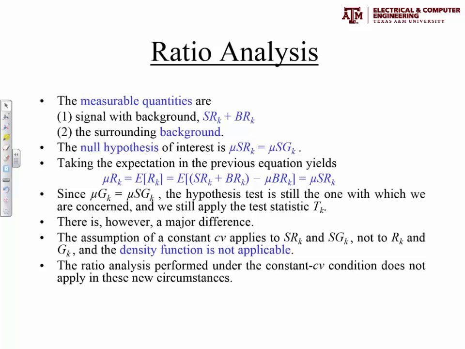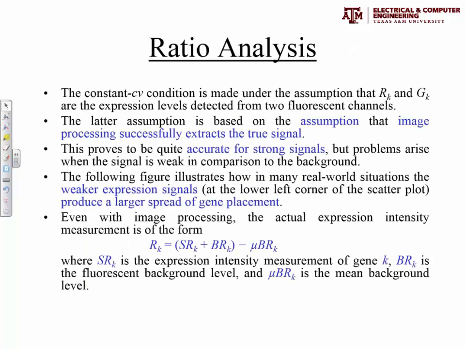The null hypothesis of interest is that the mean of the red signal at the kth spot is the same as the mean of the green signal at the kth spot. Now if you take the expectation, we had this expression for RK, if you look 2 slides back. This is a random quantity. So if you take the expectation, you'll get the expectation of this signal plus the expectation of the background, and that will cancel out with the mean background that you're subtracting.